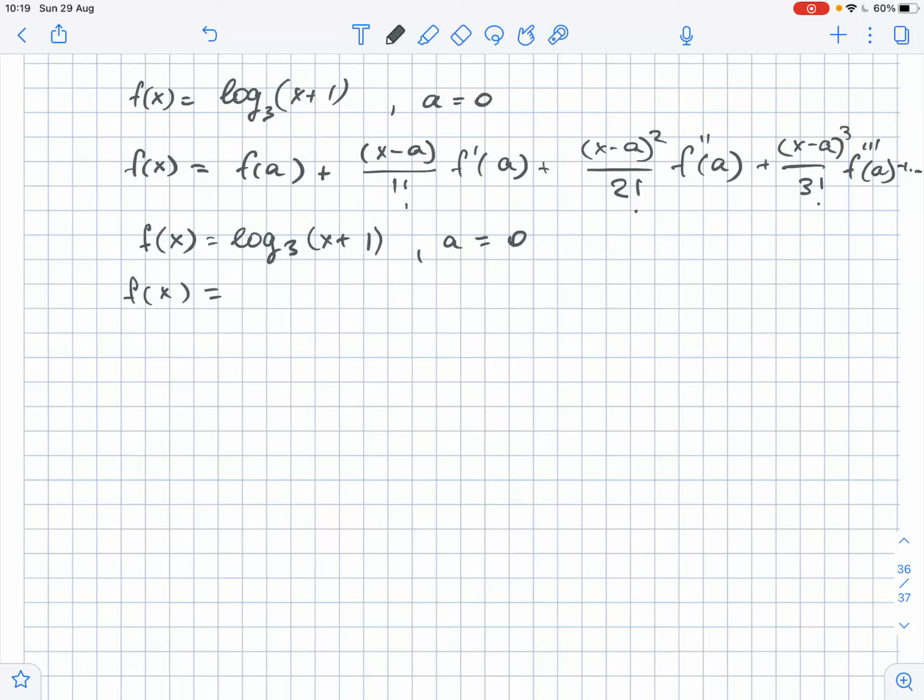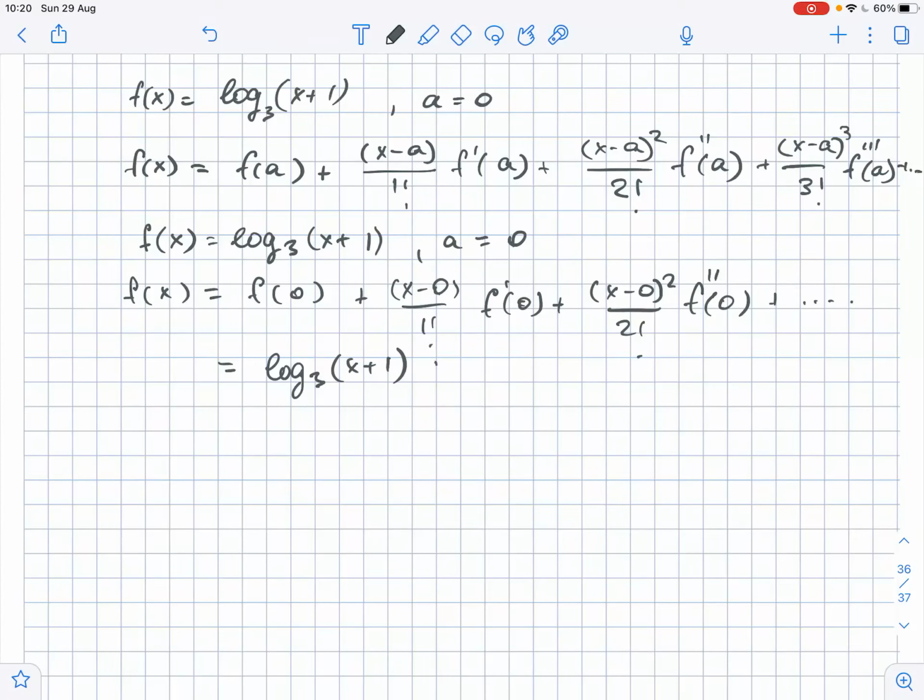We will get that f of x equals f of 0 plus x minus 0 over 1 factorial times f prime of 0 plus x minus 0 squared over 2 factorial times the second order derivative of f of 0, and so on.